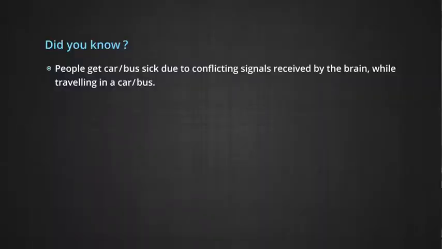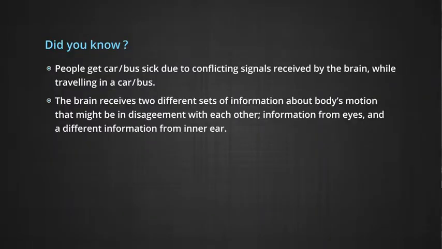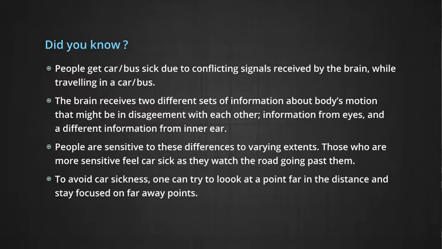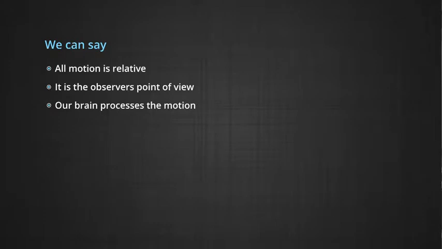And did you know that your brain is getting two different sets of information about your body's motion when you are moving in a car or a bus? Sometimes you must have heard of that people get sick in the car or bus. Why is this happening? Because the brain is not connecting the motion of the bus as it goes around on the highway.